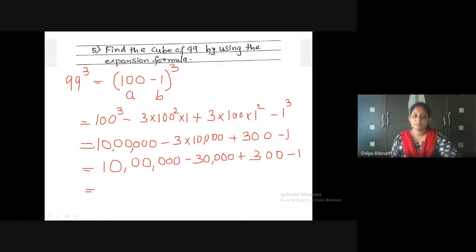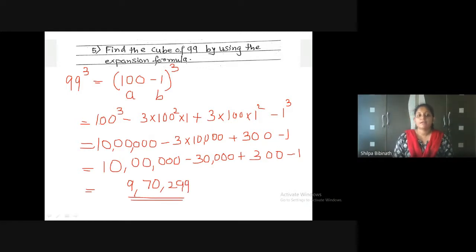So we have to subtract from 10 lakh, you will subtract 30,000. Then you're going to add 300 and then you're going to deduct 1. So you will get the answer 9,70,299. This is the cube of 99.